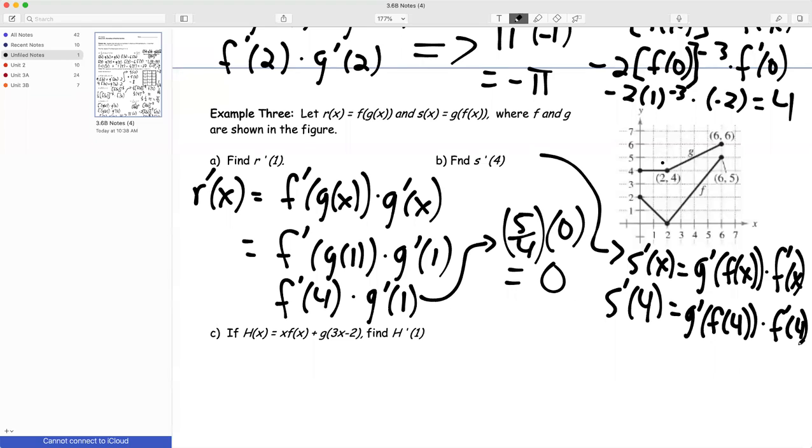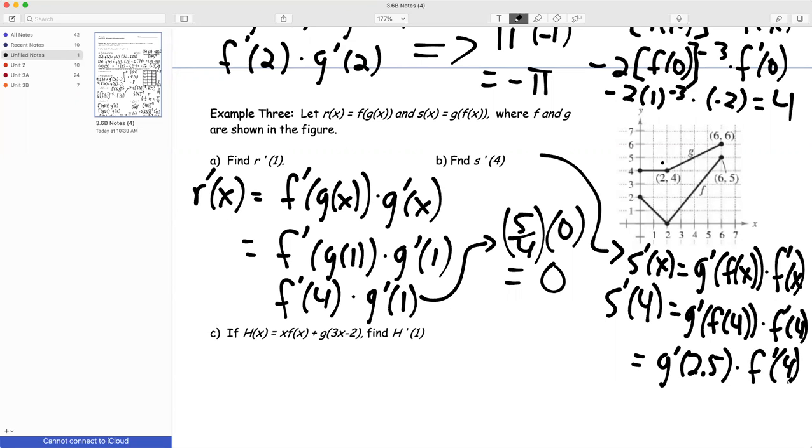Check your work. I'm up to right here. I have S prime of 4. It's g prime of f of 4 times f prime of 4. What's f of 4? That is a good question. What is f of 4? I would say it's probably 2.5. So then we've got g prime of 2.5 times f prime of 4.